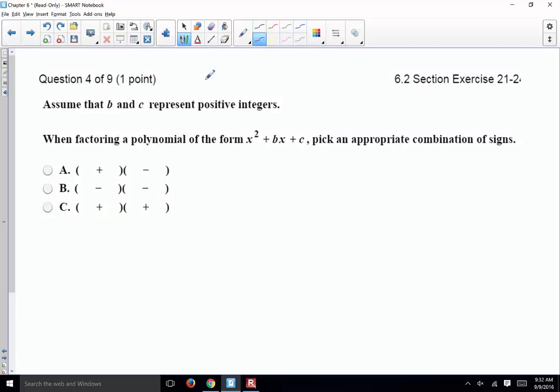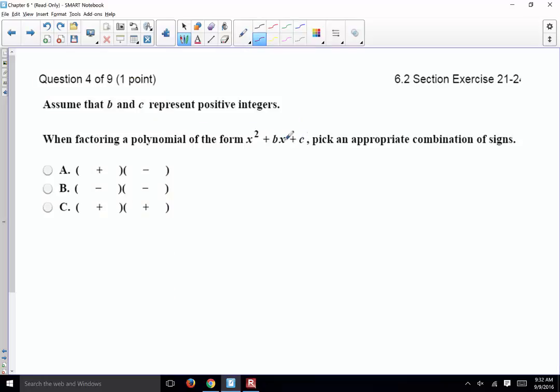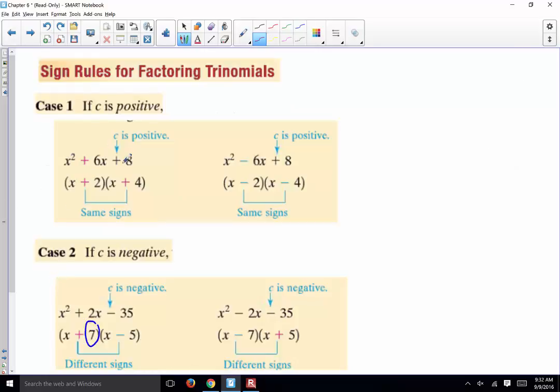Alright, so let's test if you can still use this table. Again, if you have a trinomial where B and C are positive, this is positive, that's positive. What kind of signs do you expect in your answer? Each one says positive.